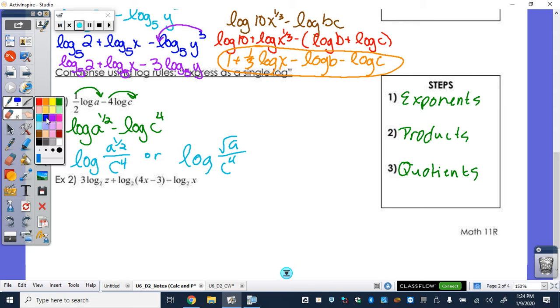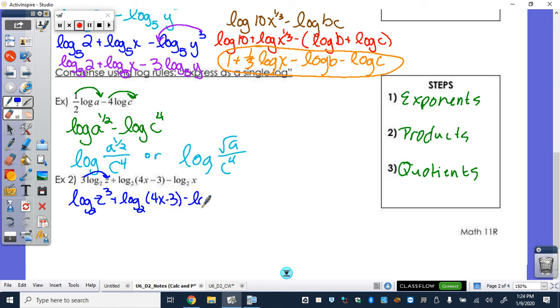So looking at the second one, 3 is an exponent because it's in front of the word log, so I'm going to bring that up first. So after exponents we have products. I have a plus sign, so that means I do have a product here.